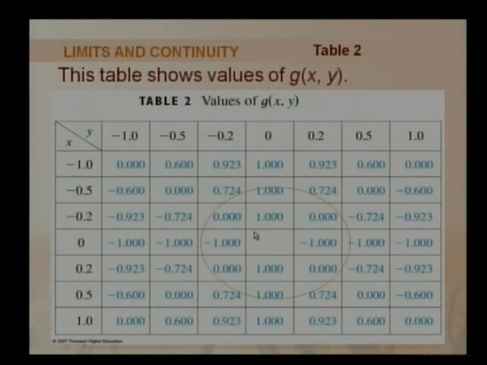Here in the neighborhood of this circle, that is (0,0), we got the value: this is 0, this is 1, again this is 0, this is 1, again the value of g(x,y) is 0, then 1, again 0, and the value of g(x,y) is minus 1. So near (0,0), the value of g(x,y) is not unique, or it is not approaching a single value. Here it is again 0, 1, 0, minus 1.